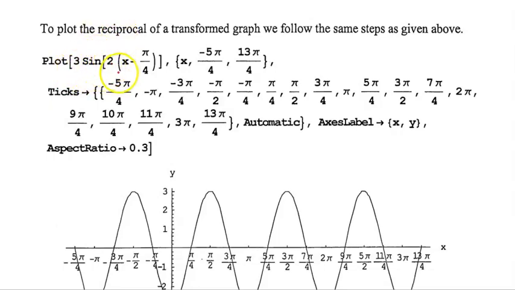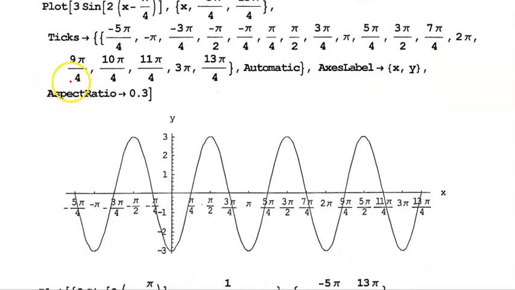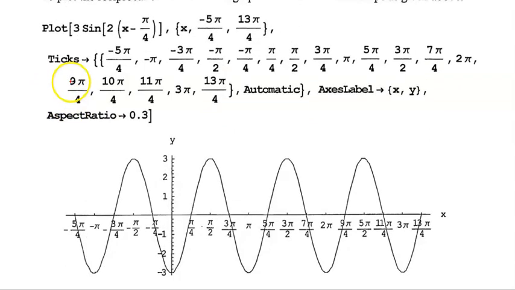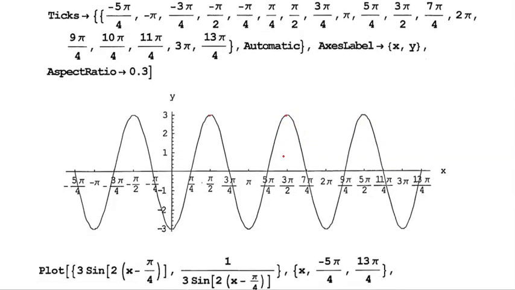So 3 sine 2 parentheses x minus pi on 4, plotted over this range here. There it is plotted. The period there is pi. It's repeating every pi, if you like. You can see that from here. Let's just say pi on 2 to 3 pi on 2, it's repeating itself every pi.